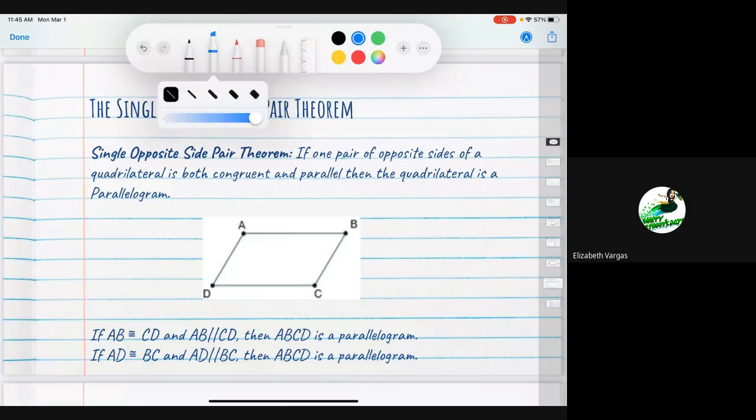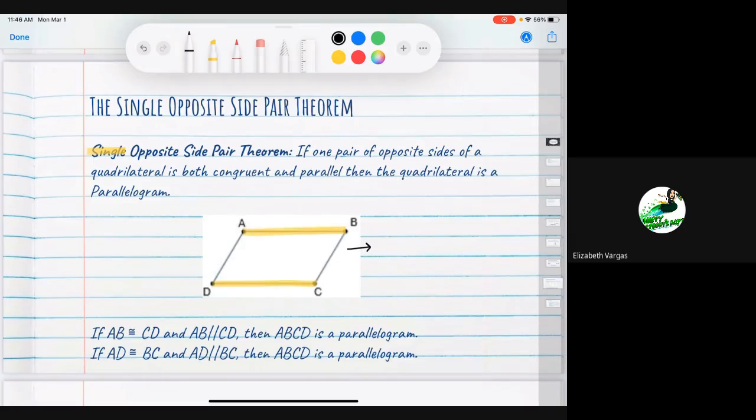So this is basically the same thing as our opposite side pair theorem, but we're looking at a single opposite side pair. And basically what it's saying is if even one pair of opposite sides is congruent and parallel, then we can prove that it is a parallelogram.